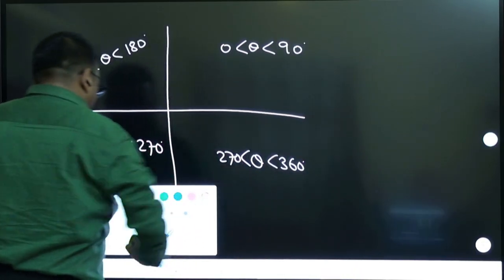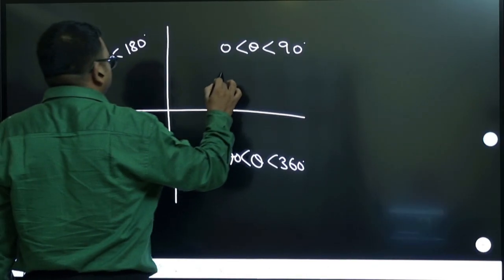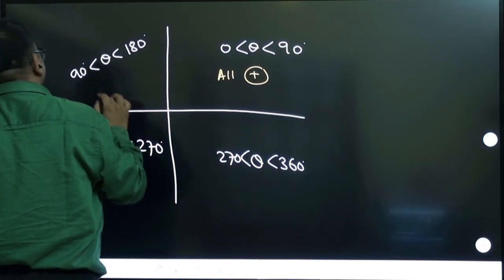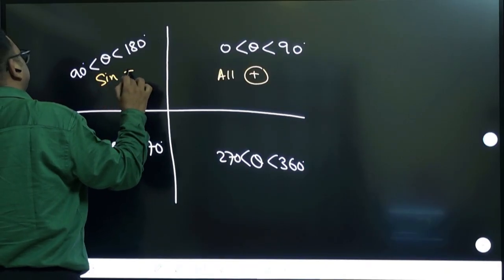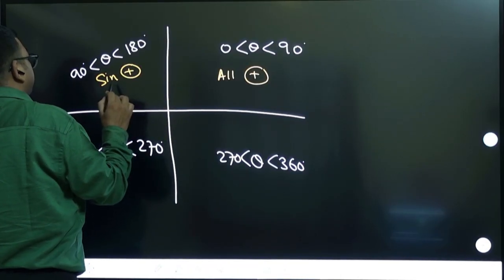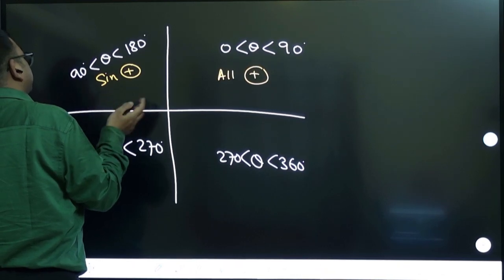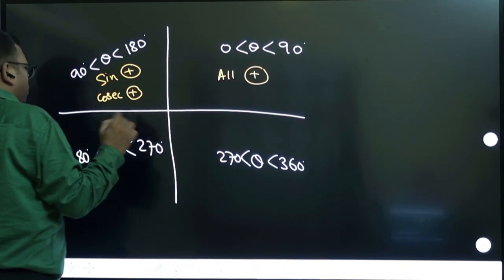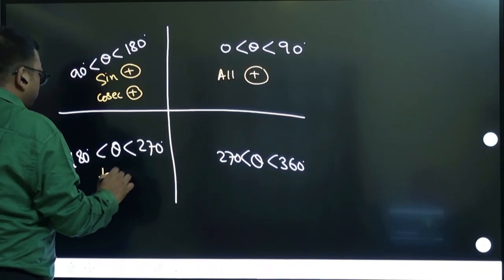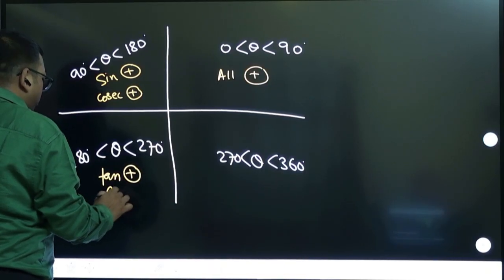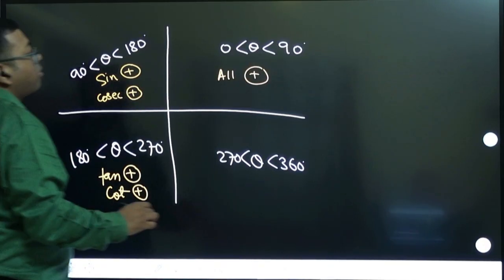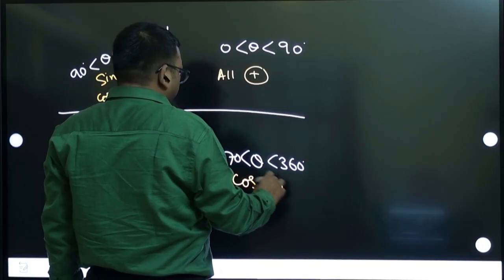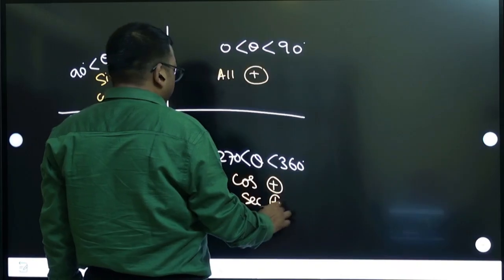First of all, note that here all trigonometric ratios are going to be positive. All is positive. Here sine is positive, which automatically means its reciprocal cosecant is also positive. Here tan is positive, so cot is also positive. Here cos is positive, so secant is also positive.